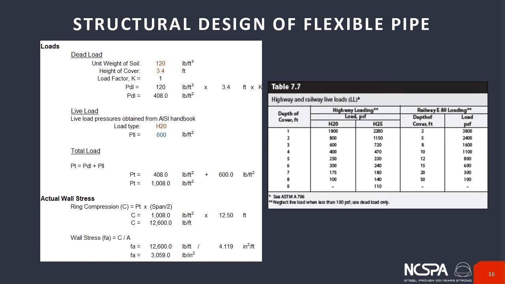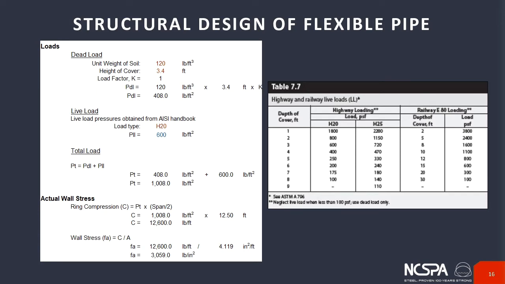The live loads are typically taken from tables, such as the one illustrated on this slide. For standard highway loads and railroad loads, there are various tables available that allow you to just pull off what the live load pressure exerted by various vehicles is.